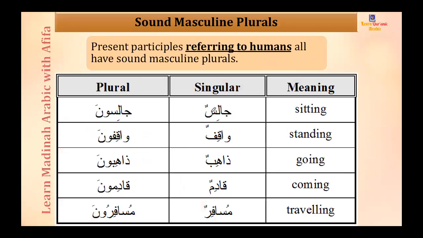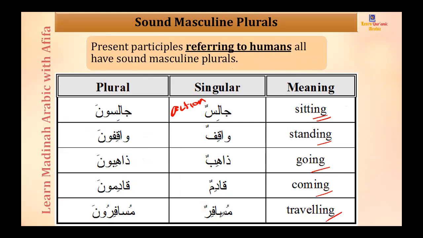So these are present participles, which we study in a future lesson. But just the gist of what a present participle is: it involves some action. So there is a doer, who is doing an action. So for example, in English, the equivalent would be words with an ing: sitting, standing, going, coming, telling.